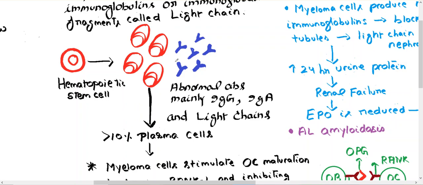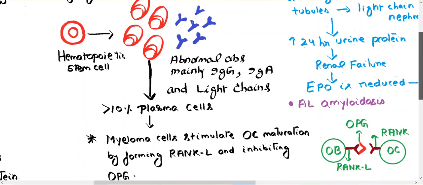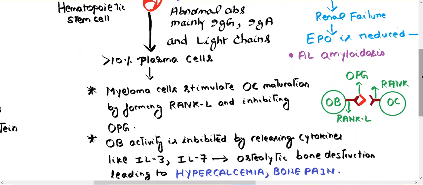These plasma cells produce abnormal immunoglobulins, mainly IgG and IgA, and the light chains, which are nothing but fragments of the immunoglobulins.